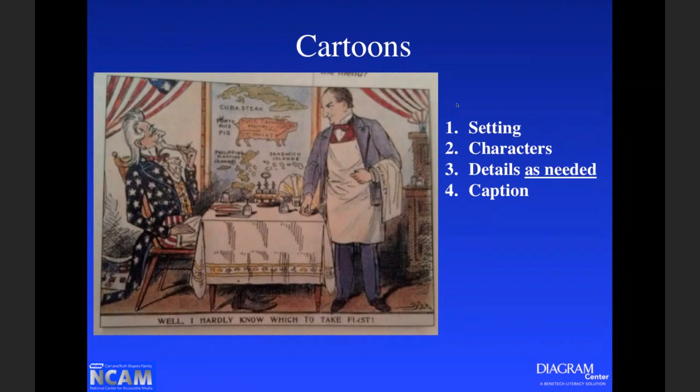Okay, well, you have to describe what it is he's looking at, which is the menu, which is various countries for, at this point, the U.S. to take over. So work with the caption, work back to say what's the information that has to be provided in the shortest amount of text I can give to make this cartoon make sense.